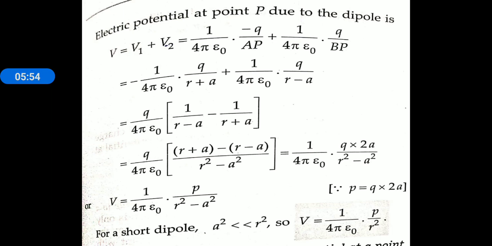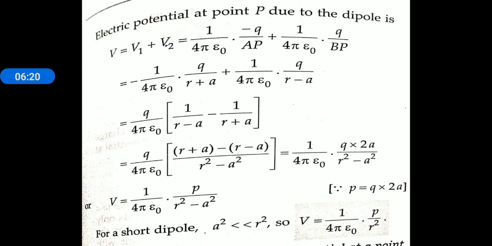Step by step simplify, and you will get the final result equal to 1 upon 4 pi epsilon naught Q into 2A upon R square minus A square. Here Q into 2A, that is charge and the distance between the two charges, is equal to the dipole moment, as explained previously in the first chapter.